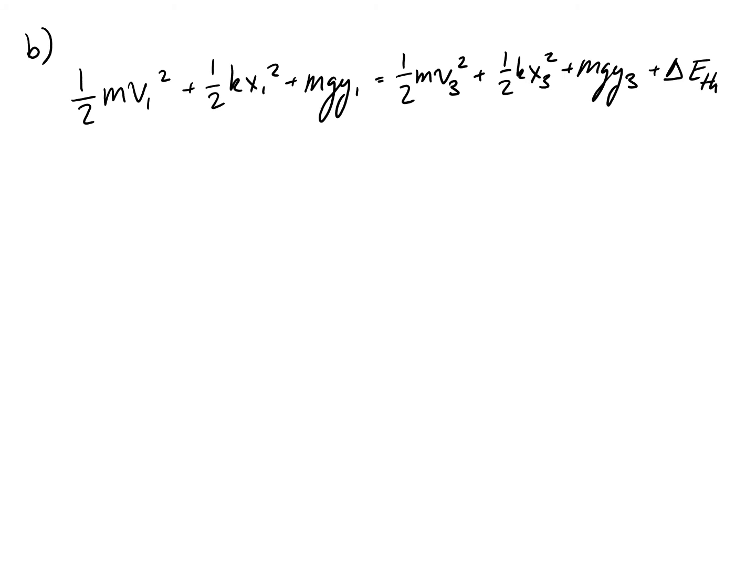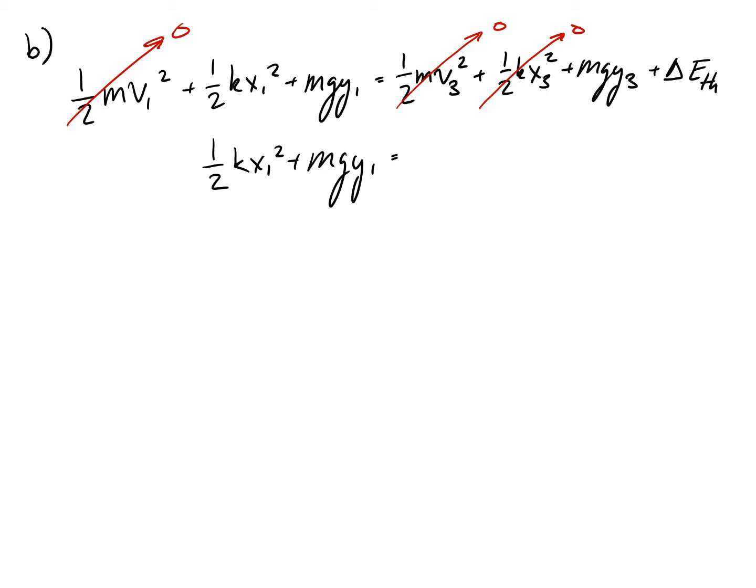So looking at the table, I can already get rid of a couple of things. And so now I'm going to have 1/2 kx1 squared plus mgy1, because again, I am starting 10 meters up. It's relevant, I need to include it when comparing to point 3 because I don't know what that height is.